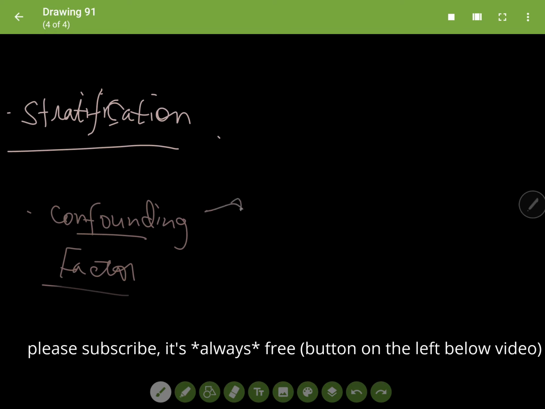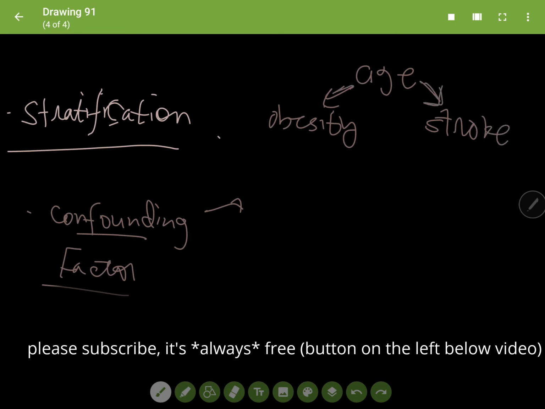So the example I gave of age, working on obesity and incidence of stroke at the same time but separately. Not the same time, meaning it has an independent effect on obesity and an independent effect on stroke. So if you have a study measuring the incidence of stroke on obese patients, you want to stratify by age.